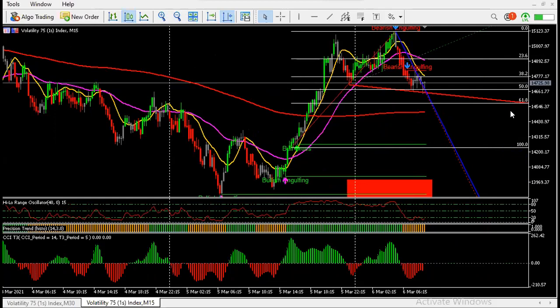I have an automatic Fibonacci tool here, which helps me to calculate where the price could come back and retrace. So we're looking at the 61.8 and 50% levels for retracement. Whenever the price comes back into this zone, there could be a buy push.